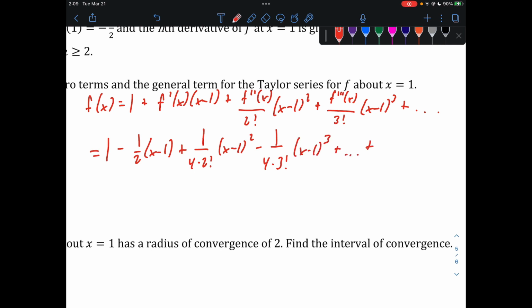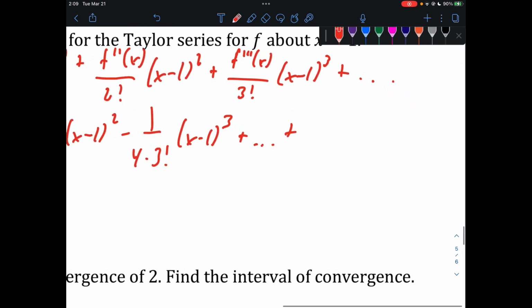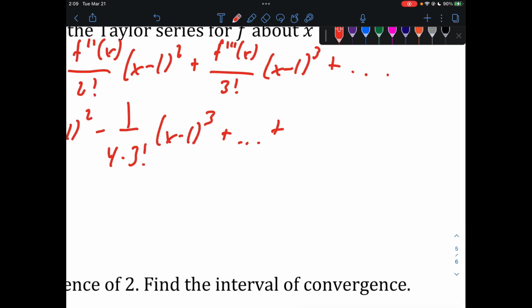If I want to write this in a general format, it would be negative 1 to the n, that's the alternating part, and then n minus 1 factorial over 2 to the n times n factorial times x minus 1 to the n.